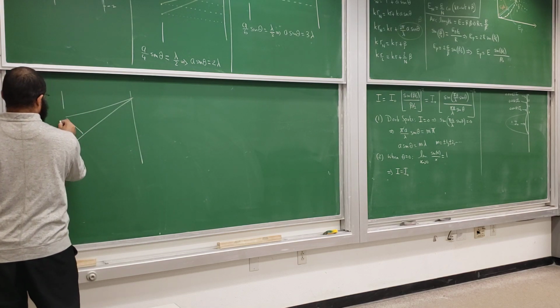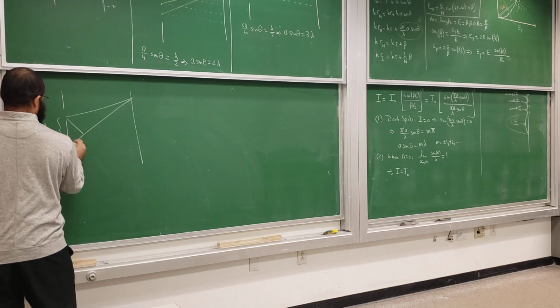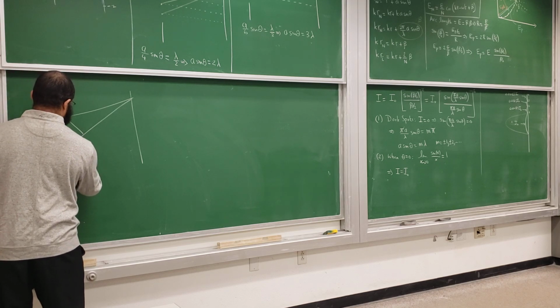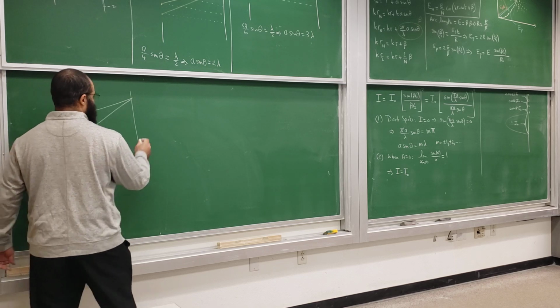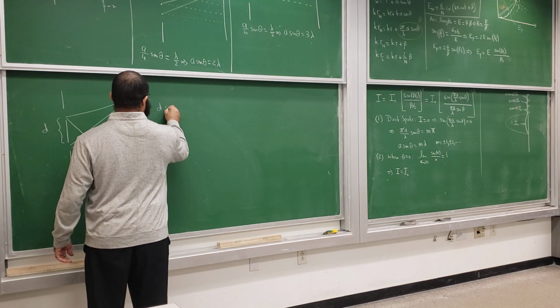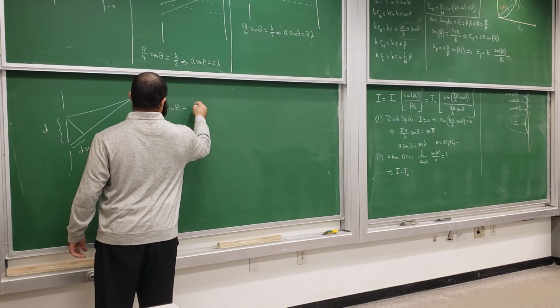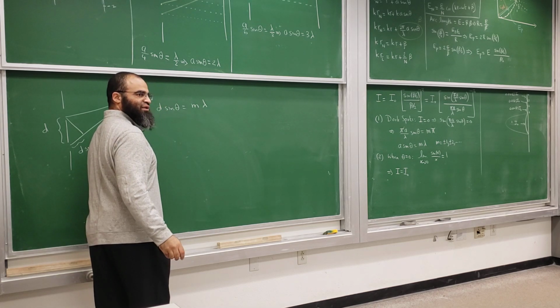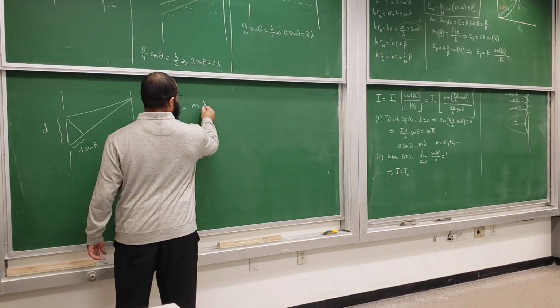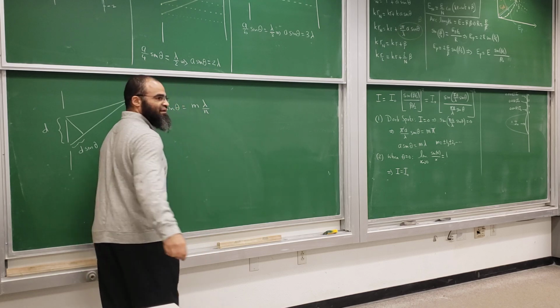This is still d, and this is d sine theta, that's the path difference. But we have d sine theta is equal to m times lambda, but what's lambda now? You're underwater. So it's lambda over n.